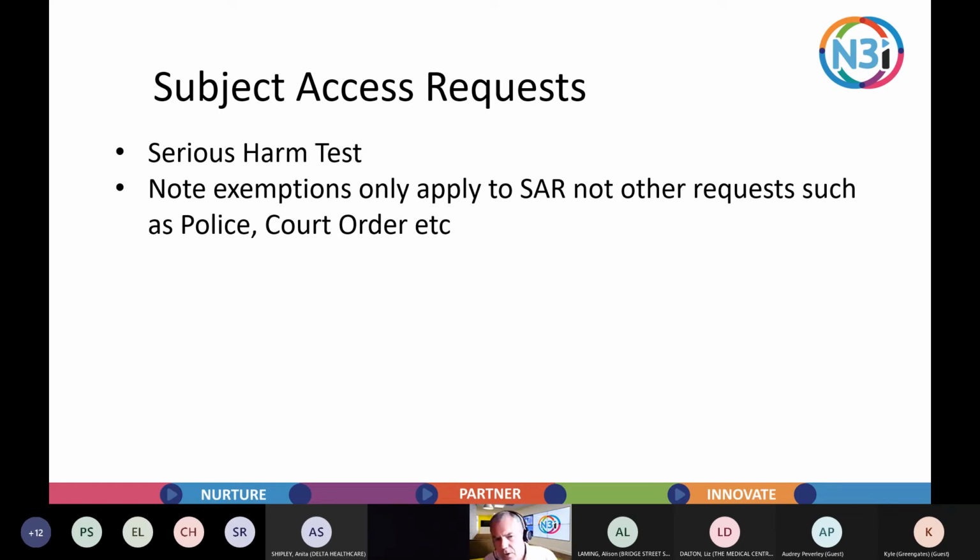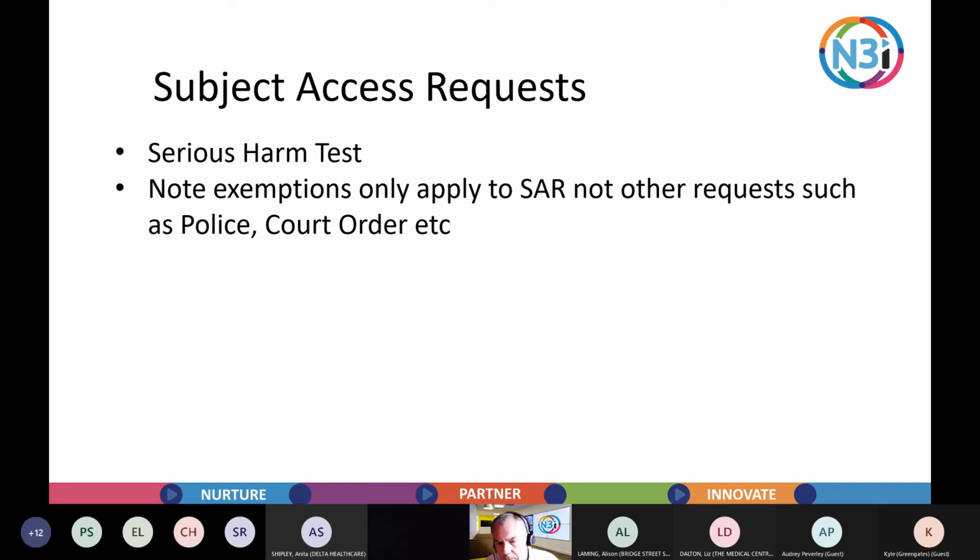The police wouldn't generally want the full record, but they might want something specific, and certainly in relation to third party information, that's the actual information that they need for their investigation. So as long as they've made their case in terms of police having access, and you've got the court order and you're clear that it's a court order, then you don't apply the exemptions to that data when you give it out.